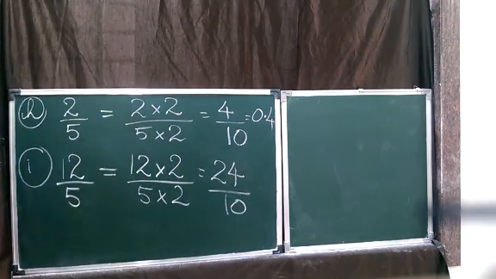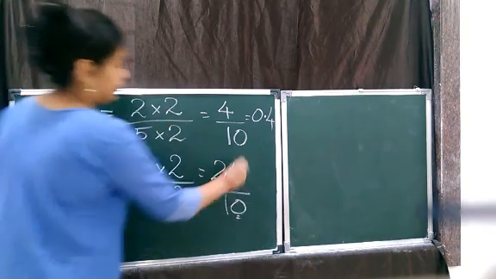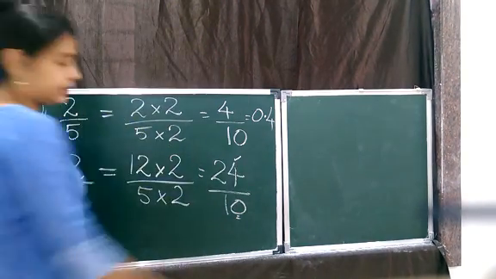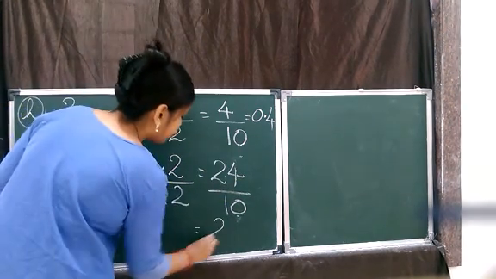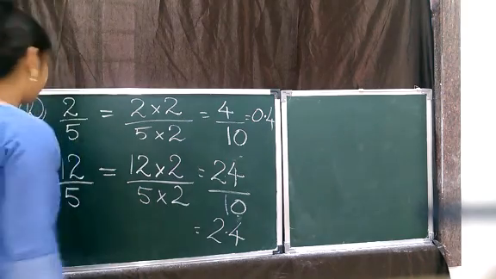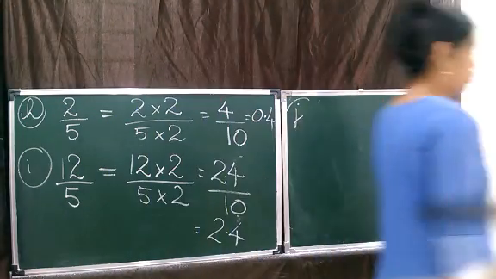Now 1 0, 1 place decimal. So decimal will come where? Here. Okay. So your answer is what? 2.4. This completes I.